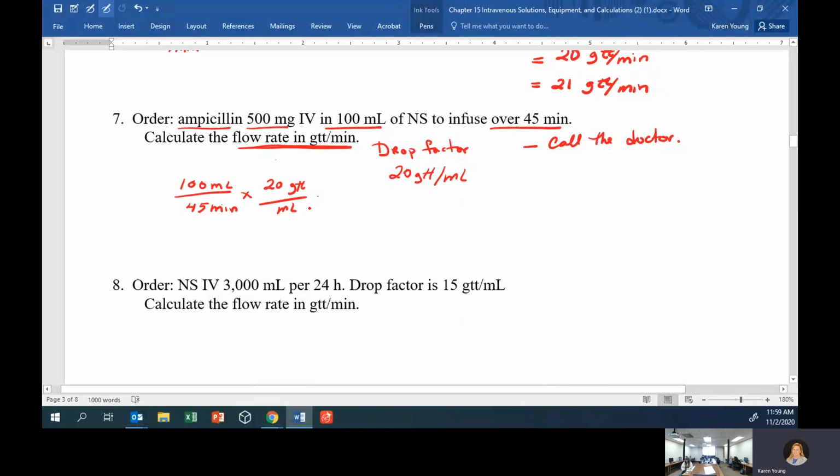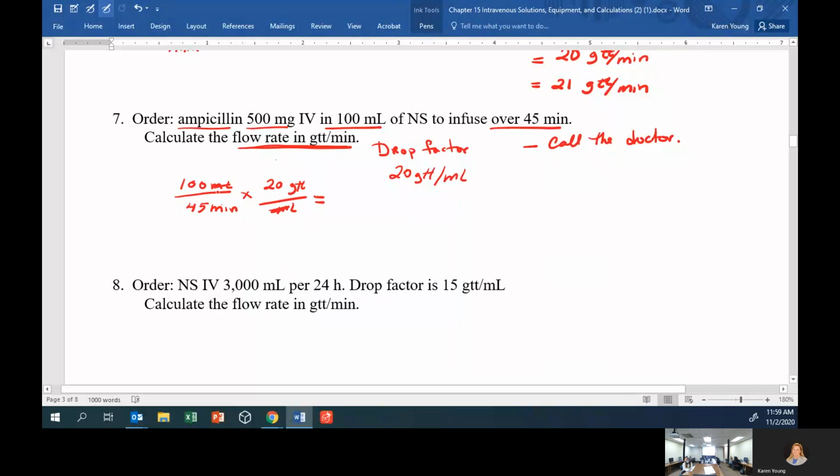Now, do I have to do a time conversion? Since I'm already in minutes and I want to calculate drops per minute, do I need to convert my time? No. So my milliliters cancel, leaves me in drops per minute.